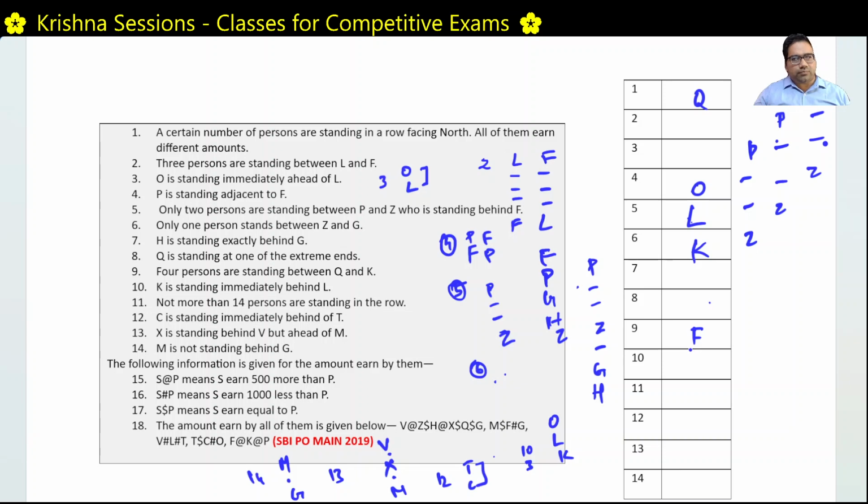Right? Now, if 9 is F, what does that mean? If P is below, P, Z, Z, P. So if P is below, then the only structure that is possible is if P can be here or P can be here. Let's assume P is below F. If P is below F, then P, Z, H, Z. This is the only possibility.